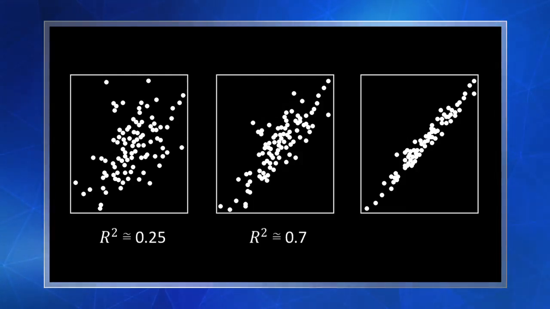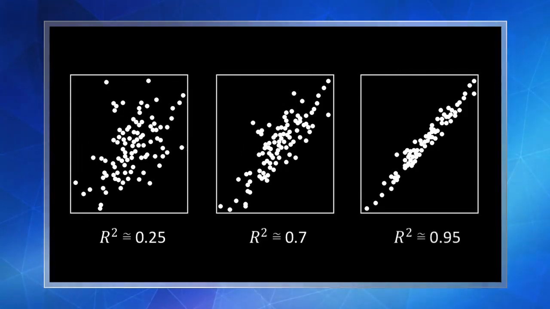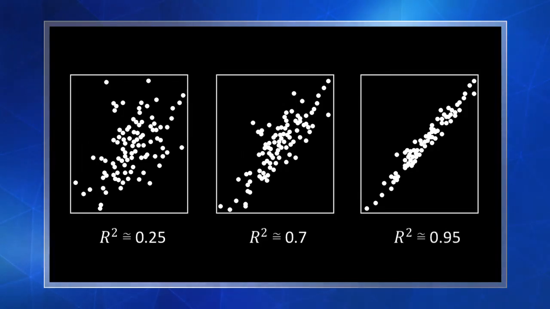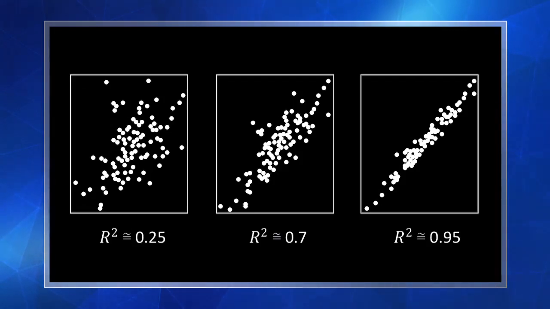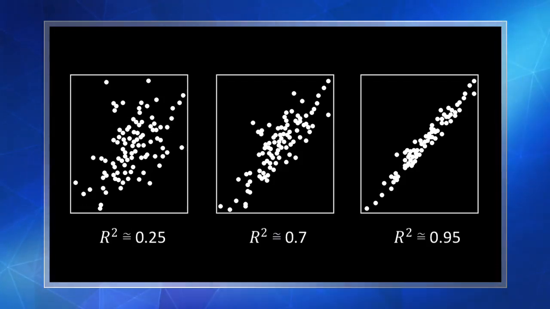Now this third plot has an r squared value of around 0.95. So 95% of the variability in y can be explained by this linear model with x. Now this shows a really strong linear relationship between x and y, and you can see how tightly those points are clustered.